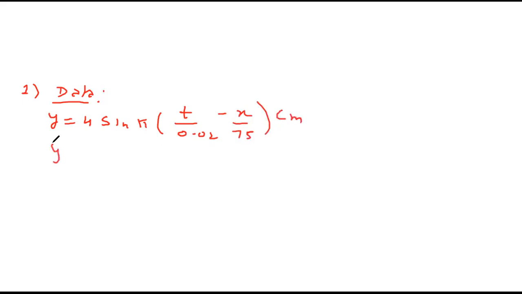Find the displacement, means y, and velocity of particle, not wave, particle, at a distance of 50 centimeter from the origin and at instant of 0.1 second, when all quantities are in CGS.